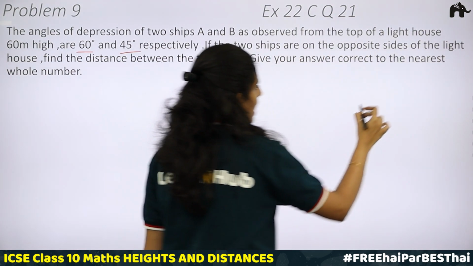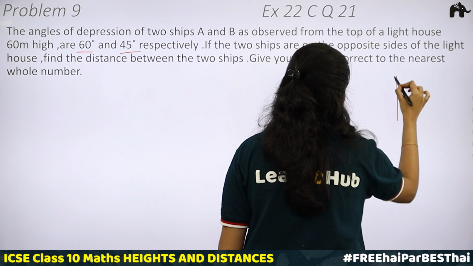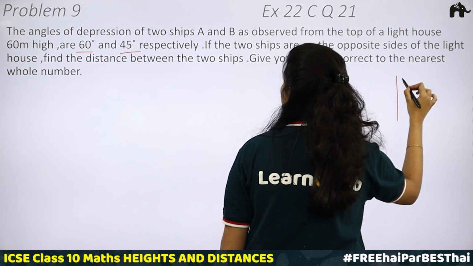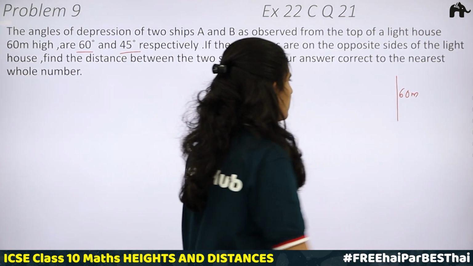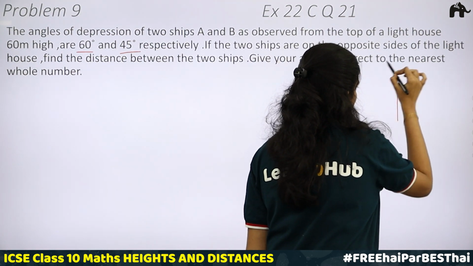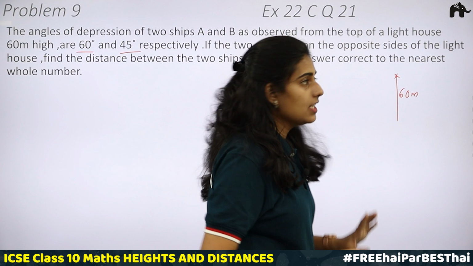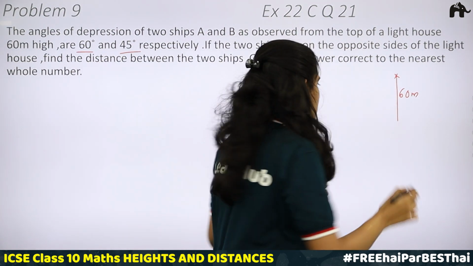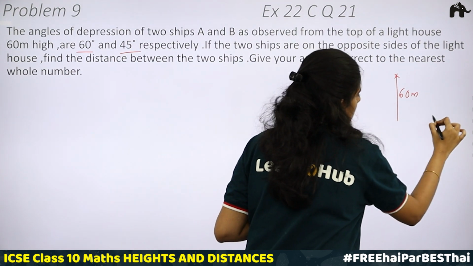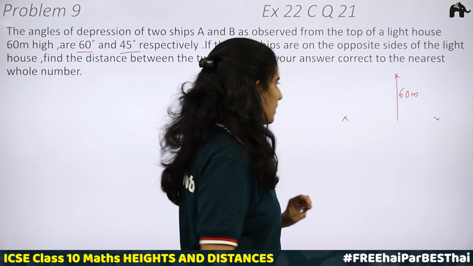Okay, here we have a lighthouse which is at a height of 60 meters. From the top of the lighthouse, we can see two ships which are on the opposite sides.